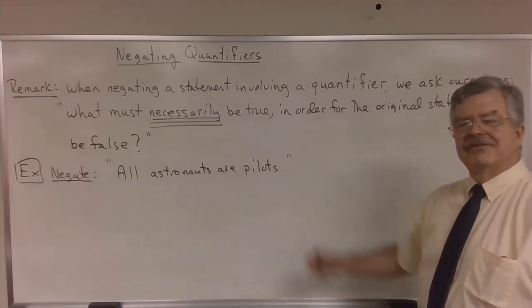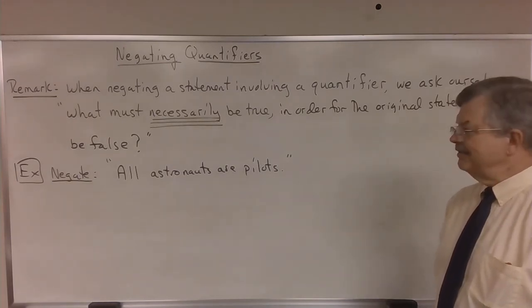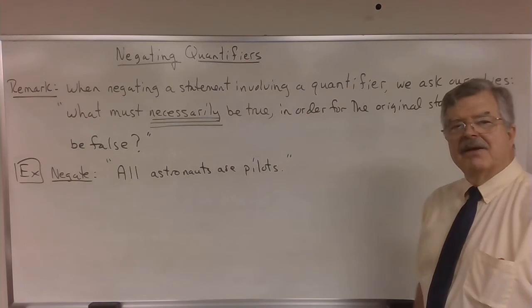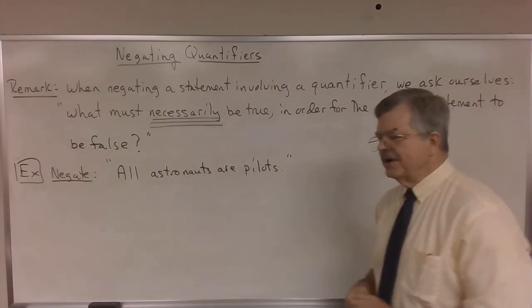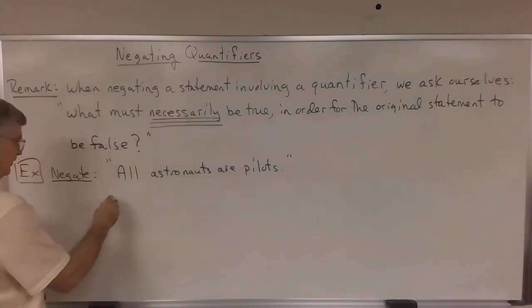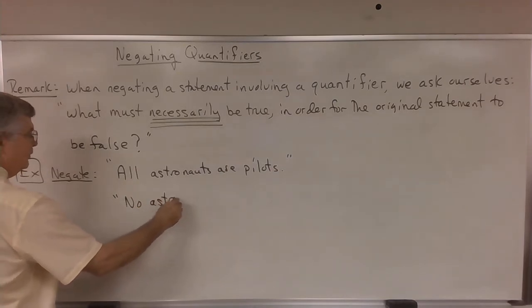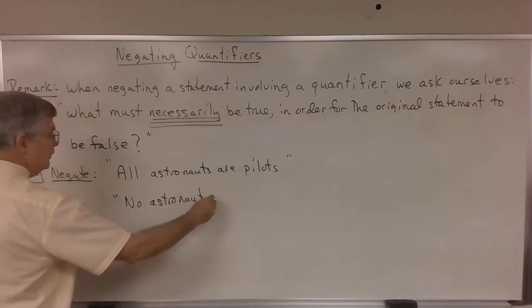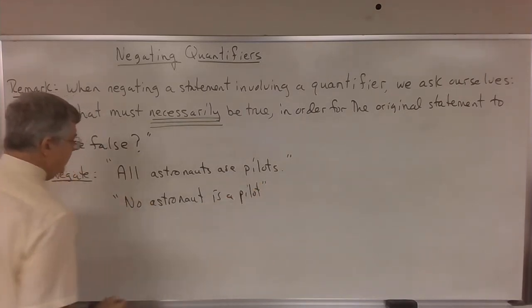What must necessarily be true in order for the original statement to be false? Let's look at this example. All astronauts are pilots. Well, right away, I think we're going to come up with the thought, no astronaut is a pilot.